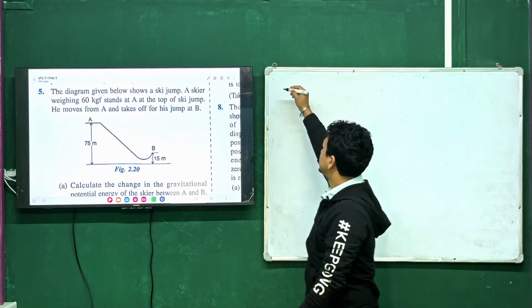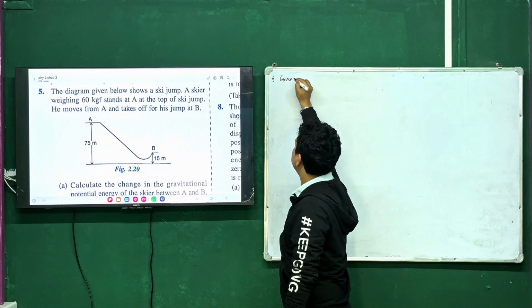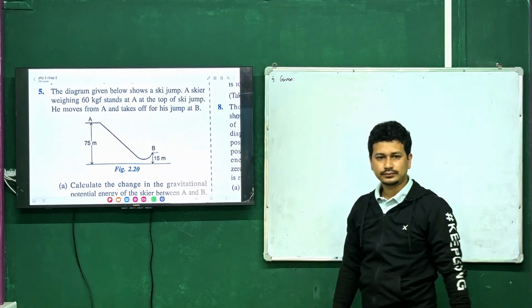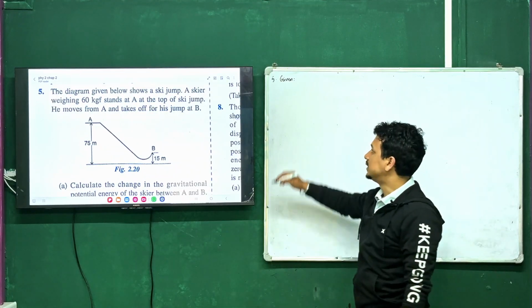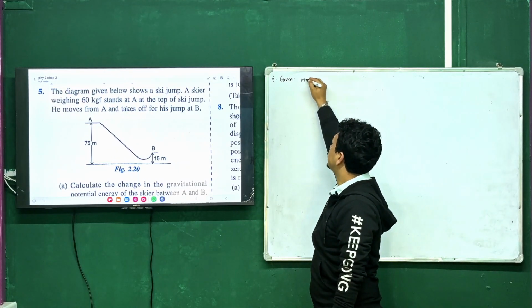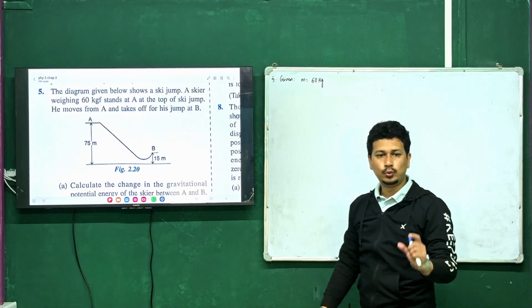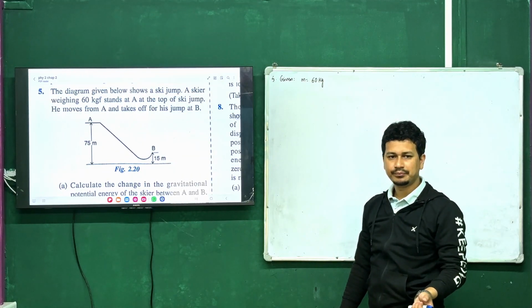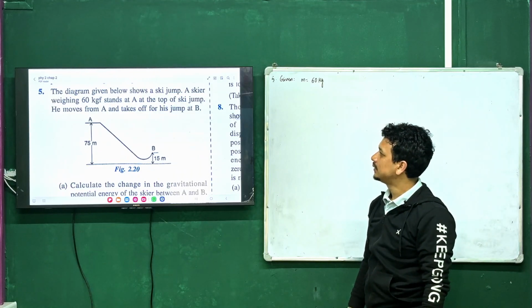All right. So, Grace, what is given? Mass. How much is the mass? 60 kg. Okay. Weight is 60 kgf, but mass will be 60 kg.